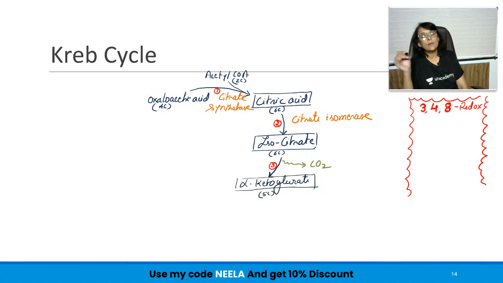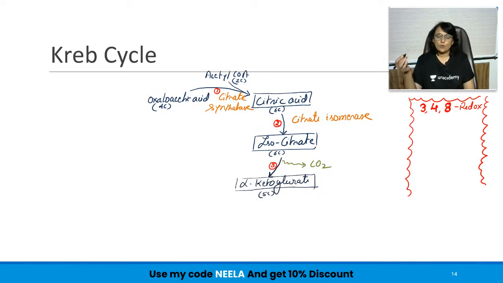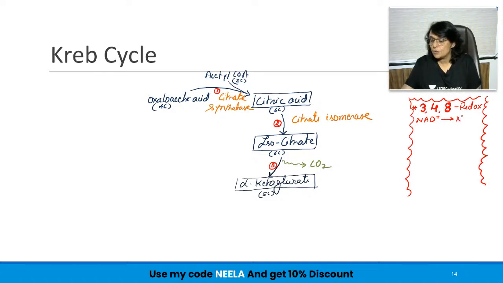How do you remember it? You can find some things related to it, like date of birth or something which can give you a hint. So you remember these numbers, okay? And in this redox reaction, NAD is going to get reduced into NADH2. This is one very important thing.